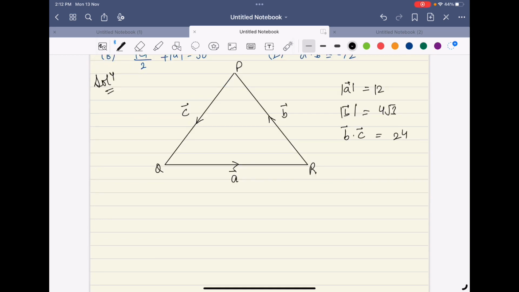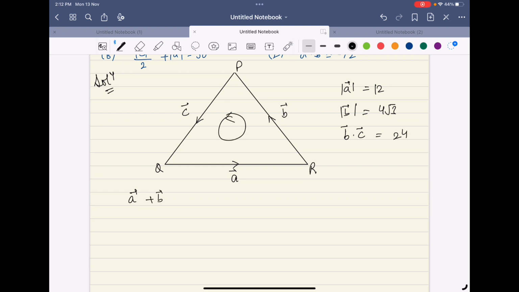In this triangle PQR, since vectors A, B and C form a closed loop, A plus B plus C must be equal to 0. If this is true, it means B vector plus C vector is equal to minus A vector. Now this is a vector equation, so we can take dot or cross or anything on both sides.